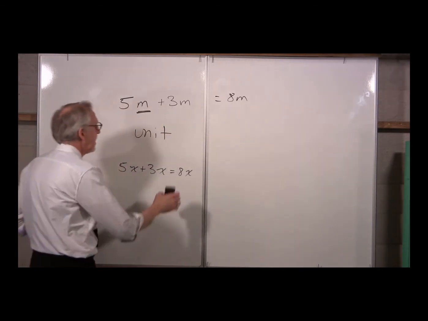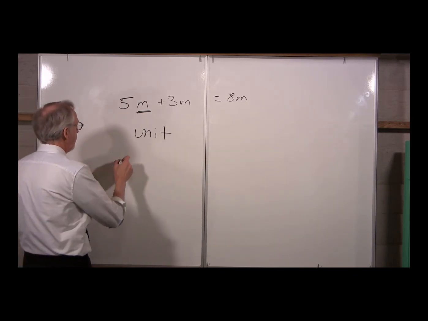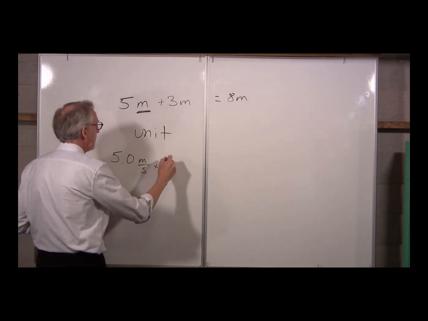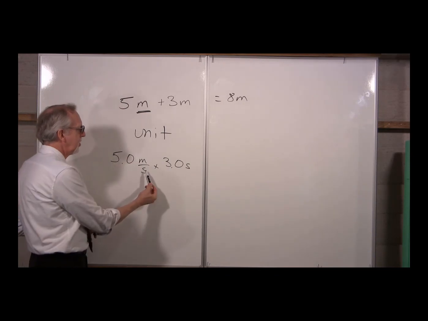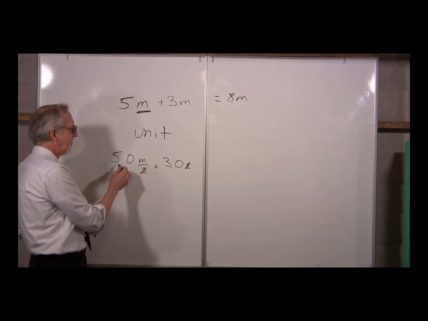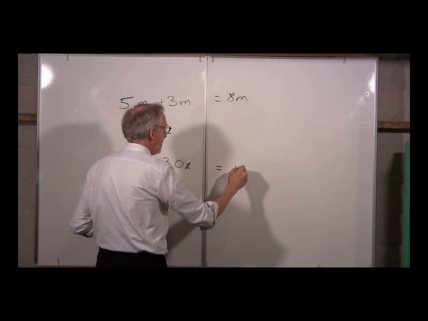They can be multiplied. For example, let's say 5.0 meters per second times 3.0 seconds. So we've got seconds in the denominator, seconds in the numerator. They cancel out. 5 times 3, well, I wrote these with 2 sig figs so that I can say 15.